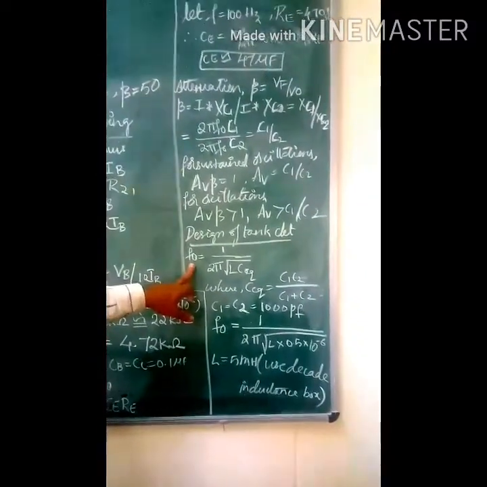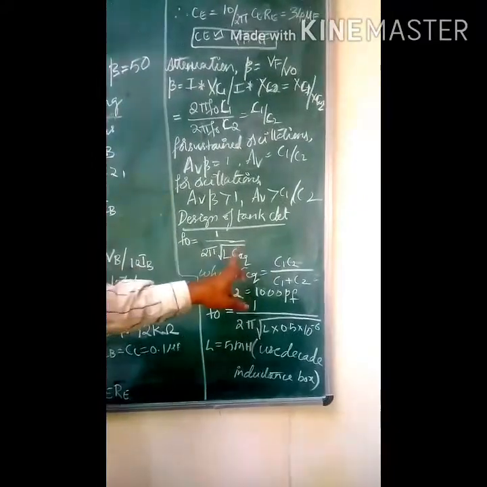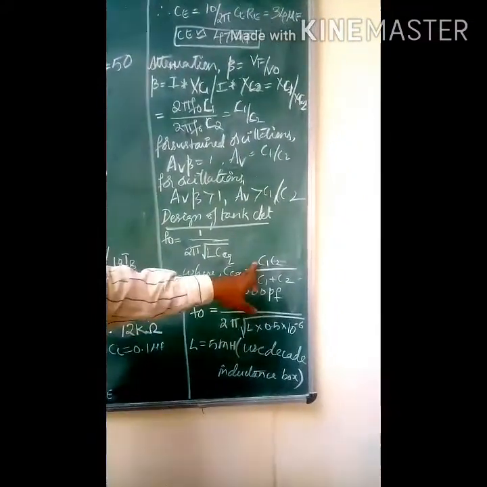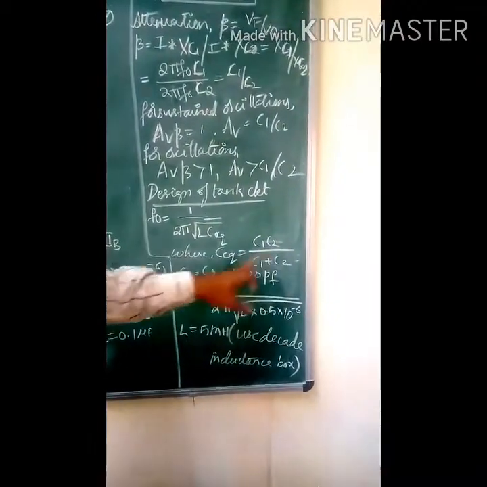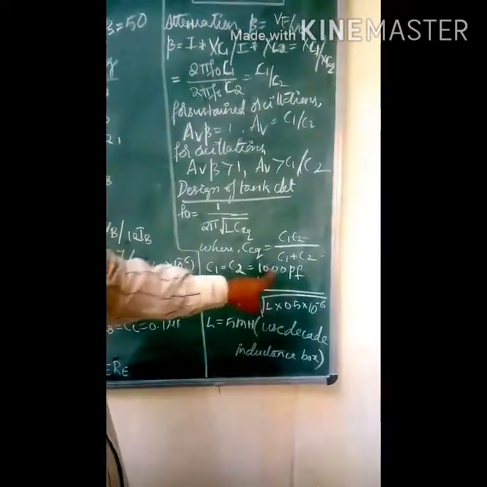This is the design of the tank circuit. F0 is given by 1 by 2 pi root of L C equivalent, where C equivalent is given by the formula C1 into C2 divided by C1 plus C2. Approximately, we have assumed the capacitors as 1000 picofarad.